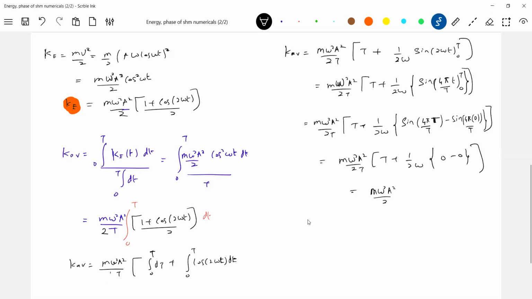Just notice a few things. T, T gets eliminated. So this is the average kinetic energy of the block executing SHM in one cycle. So what should you call this one? Average kinetic energy of the spring block system in one cycle. I think this should also be equal to the average potential energy.